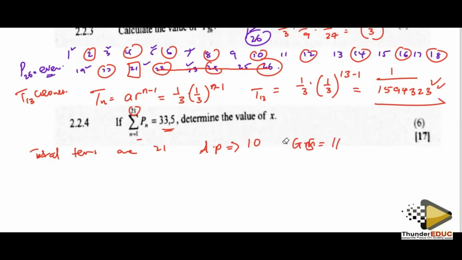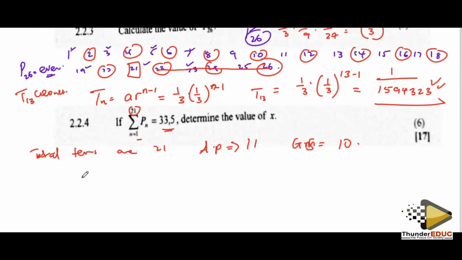Let me just recount, guys. I don't want to make a mess. Okay? So arithmetic, we said, is the first one. So it's 1, 2, 3, 4, 5, 6, 7, 8, 9, 10, and 11. So arithmetic is 11. And then geometric will be 10. And count it the other way around.